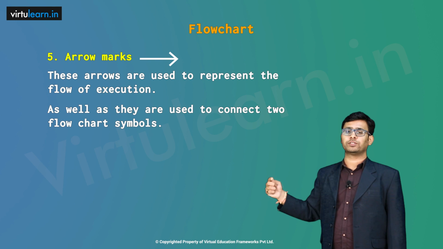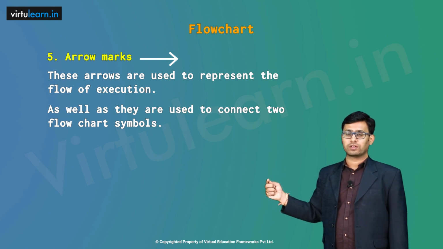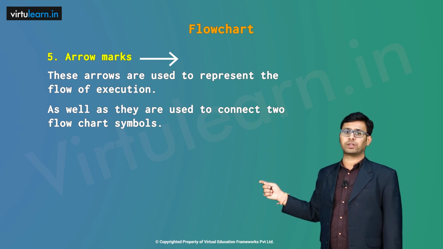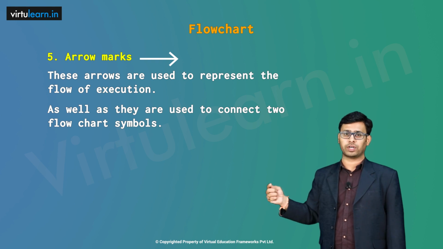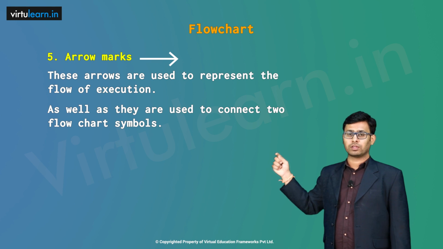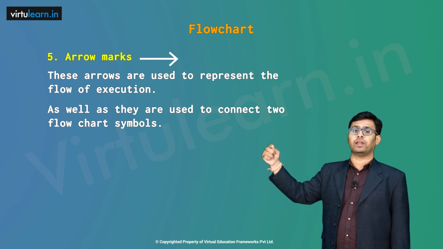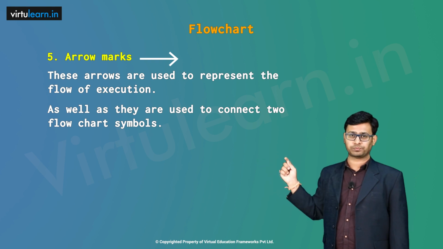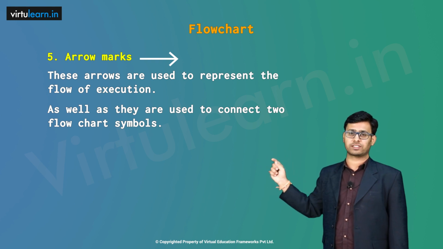And the beauty of the flowchart is that the symbols are socially accepted. Wherever you write a flowchart in the world, it can be easily understood by anyone across the globe. So there is no difficulty in understanding.